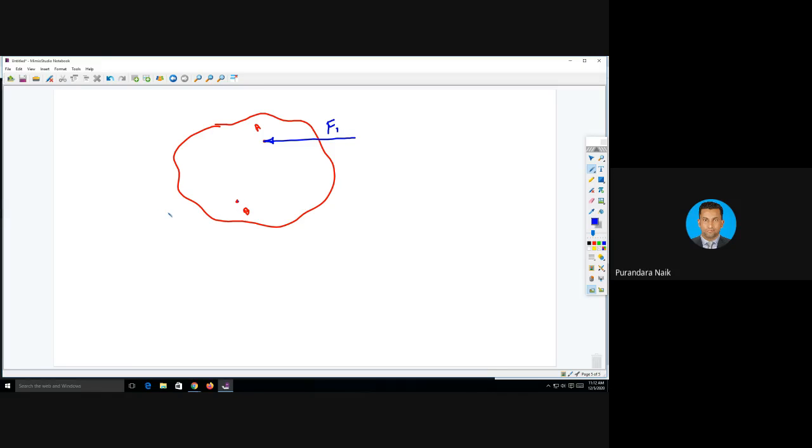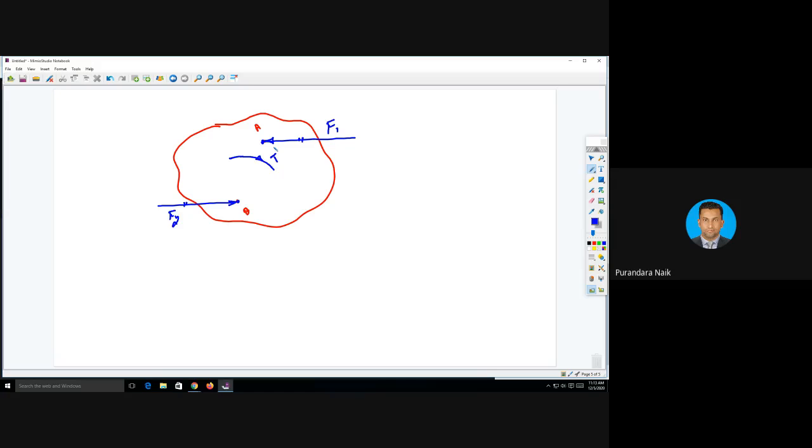And I have another force which is parallel to this force, F2. These two forces are parallel. And it experiences one more component, that is torque. Let us consider this torque is like this. This is the applied torque T. So the body is experiencing two different forces at two different points, and we have one couple on this body.